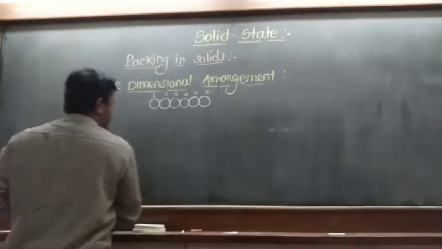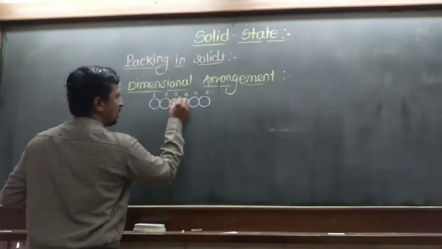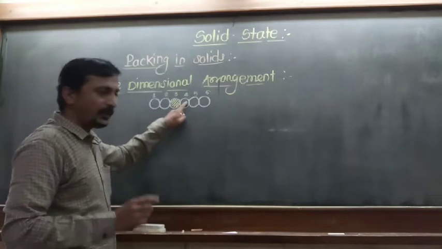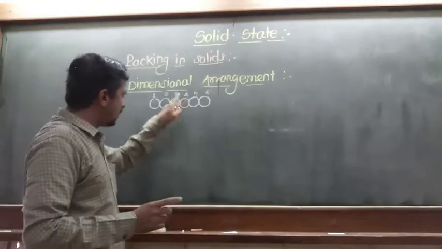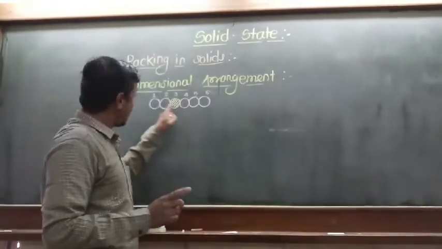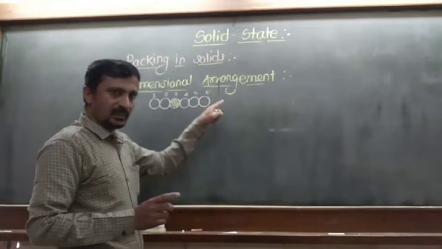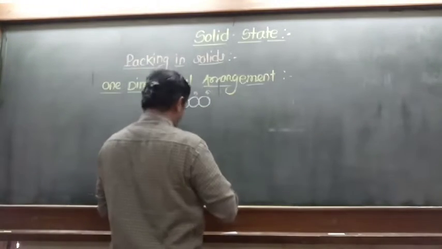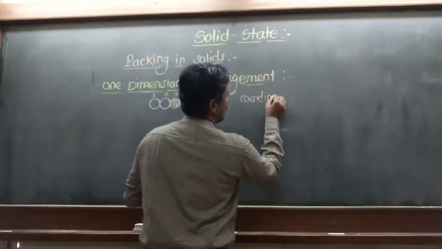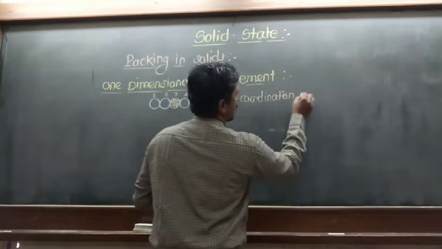This atom number 3 is in contact with 2 and 4. If you consider atom number 4, it is in contact with 3 and 5. So this concept can be explained by means of coordination number.